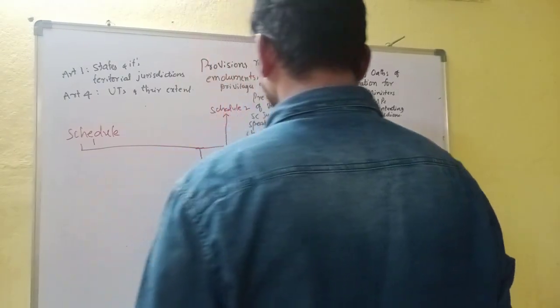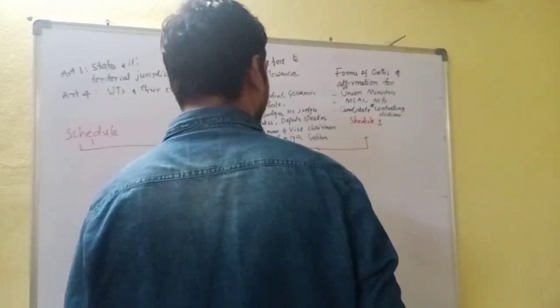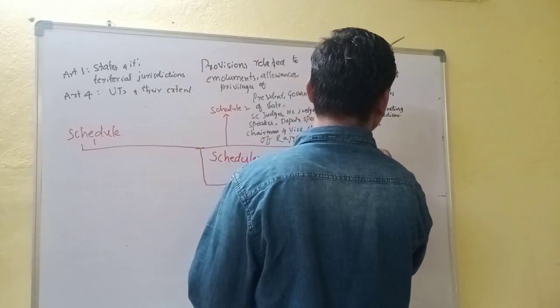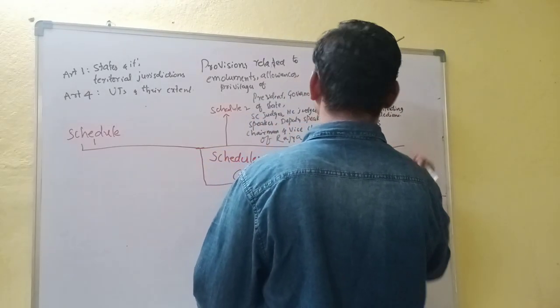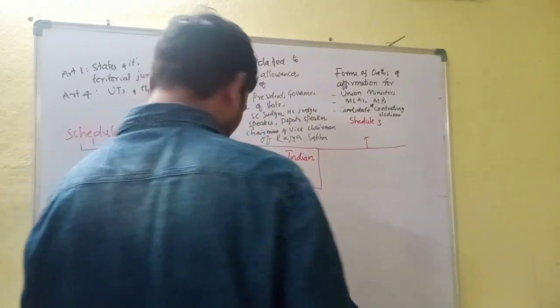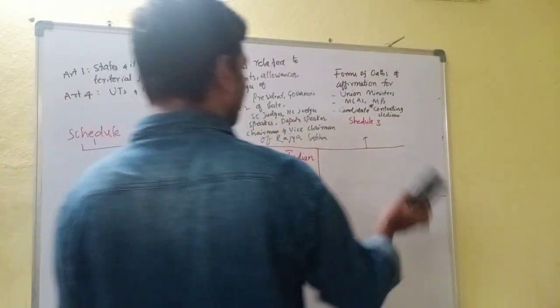Next, the fourth schedule. It tells about the allocation of seats to the states in the Rajya Sabha. So we can make 6 schedules on the upper side. For convenience, I am erasing this.